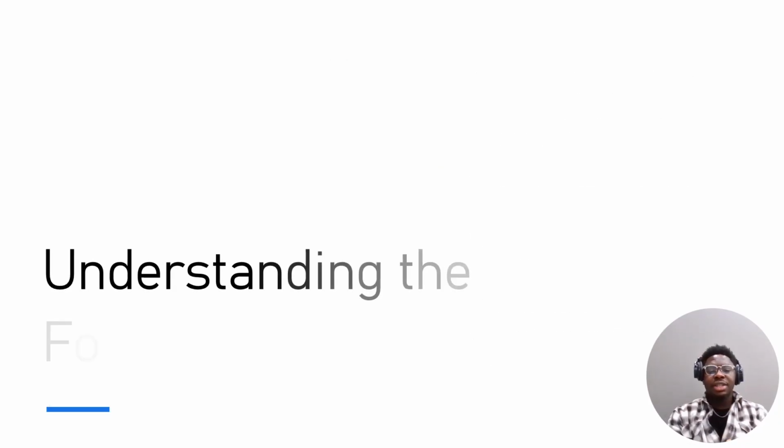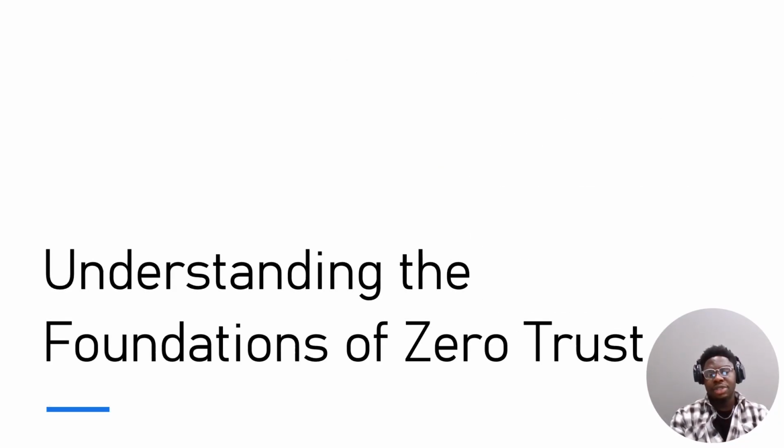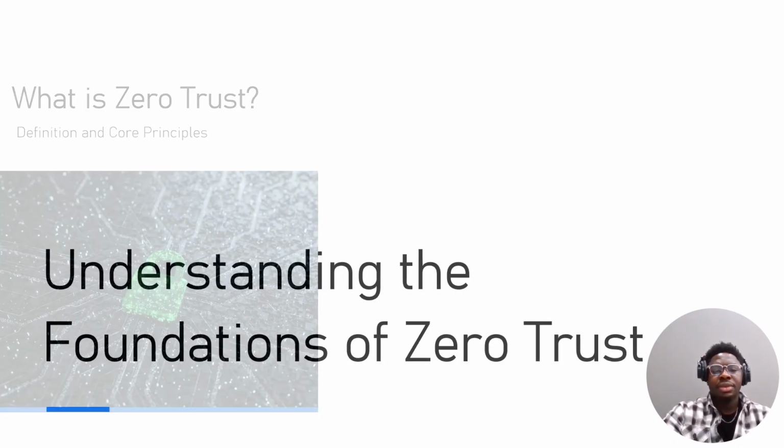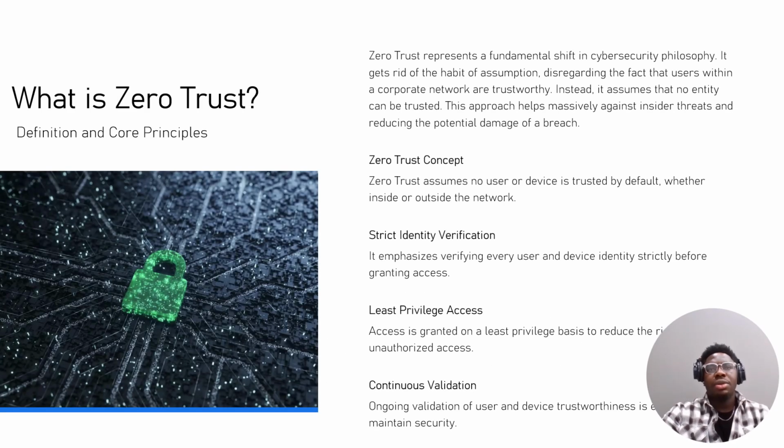Understanding the foundations of zero trust. Now, you might ask yourself this question: what is zero trust? Zero trust is a security framework that assumes no user or device is trusted by default, inside or outside the network.